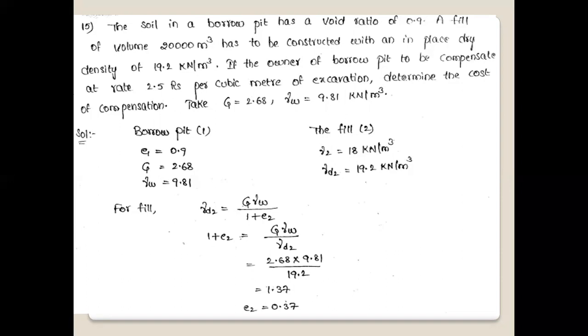If the owner of the borrow pit is to be compensated at the rate of 2.5 rupees per cubic meter of excavation, determine the cost of compensation. Take specific gravity G equal to 2.68 and gamma W equal to 9.81 kilonewton per cubic meter.